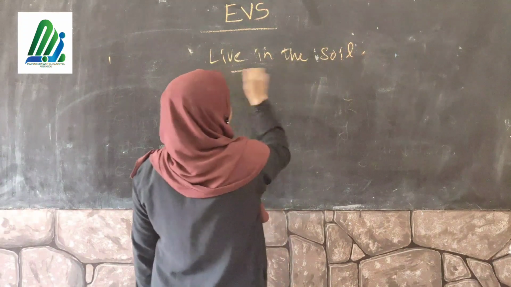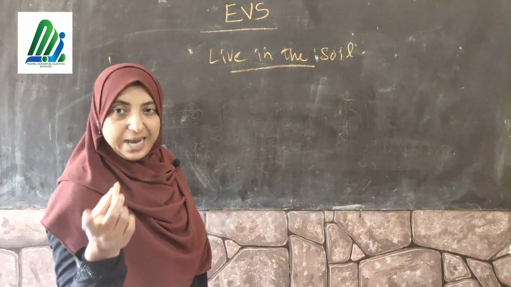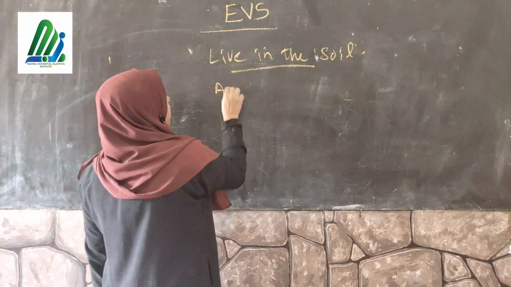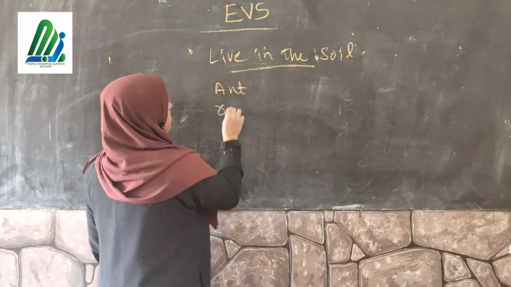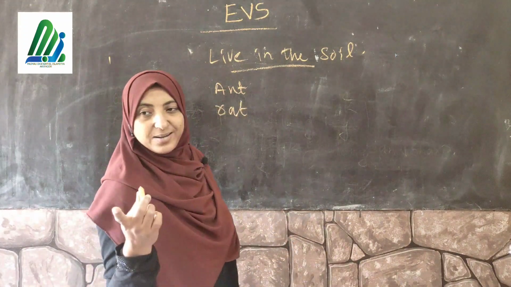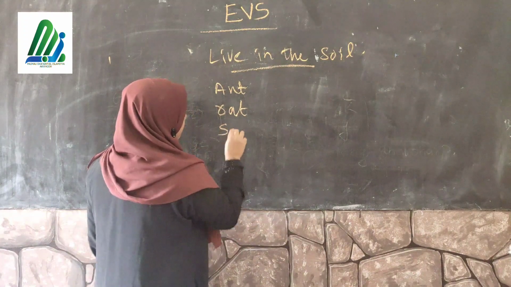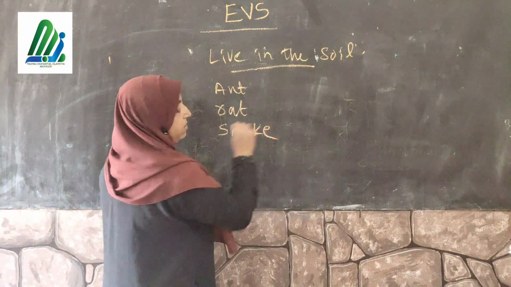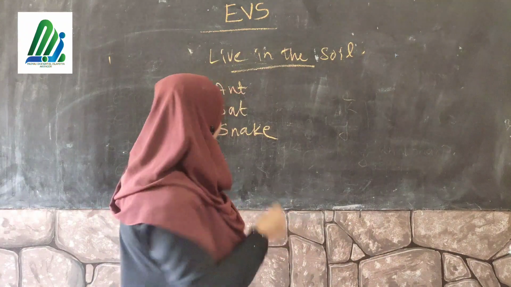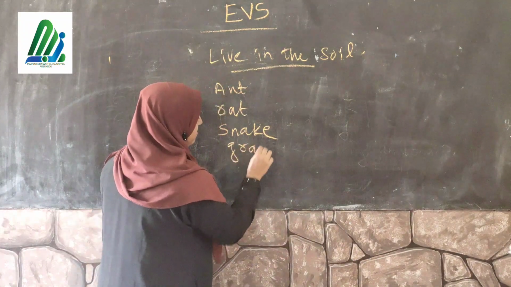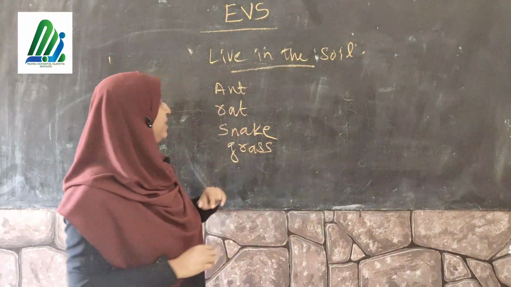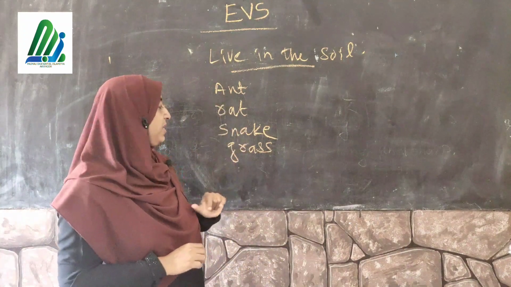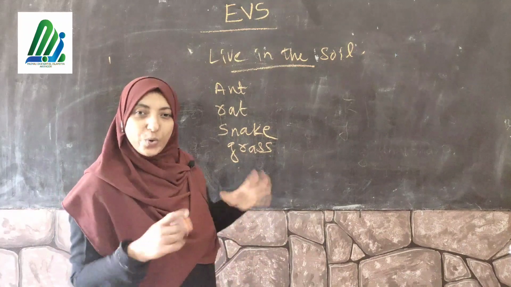First one, ant. Second one, rat. Then, loudly say, yeah, snake. Then, grass. Very good, grass. So ant is here, rat is here, snake is here, grass is here.